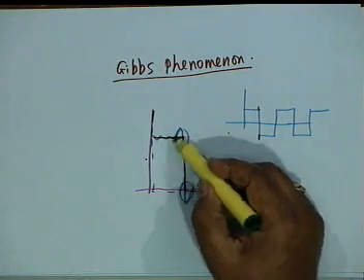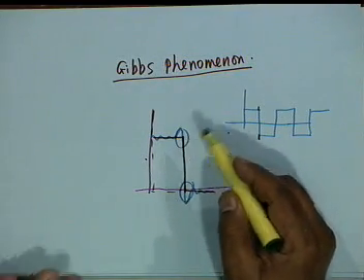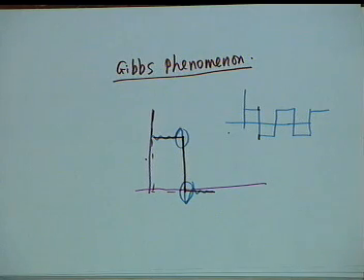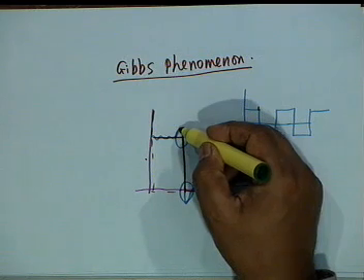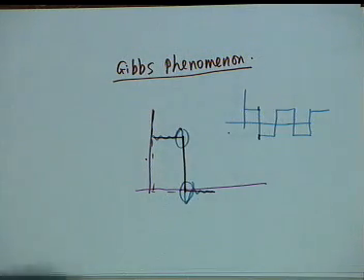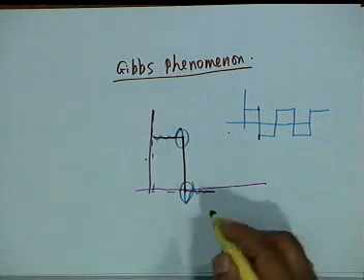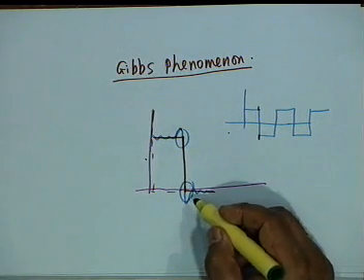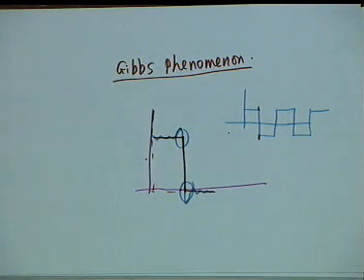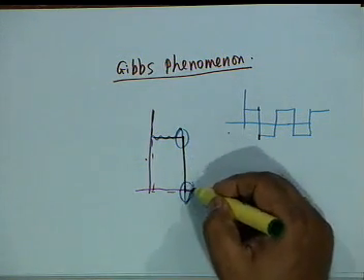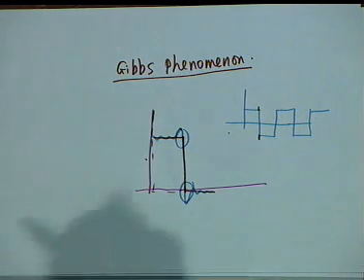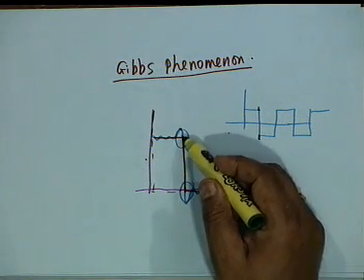Gibbs phenomenon has many peculiarities, and one of them is that if you take 5 terms, 25 terms, 35 terms and 100 terms and 10,000 terms, the amplitude of the last oscillation before the discontinuity and the first oscillation after the discontinuity remain almost constant. For a sharp, finite discontinuity like this, it is about 18%, that is 1.178.